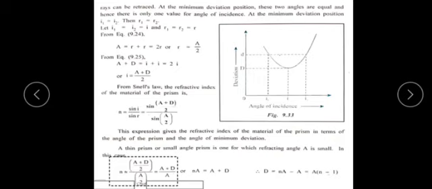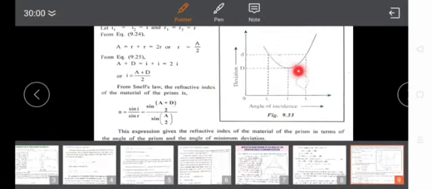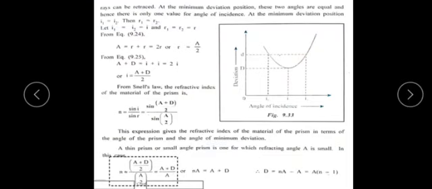Initially, as the angle of incidence increases, the angle of deviation first decreases, later it increases. For two different angles of incidence, there is the same value of deviation. For I1 its value is D, and for I2 its value is also D. Like that, for each deviation there are two angles of incidence.